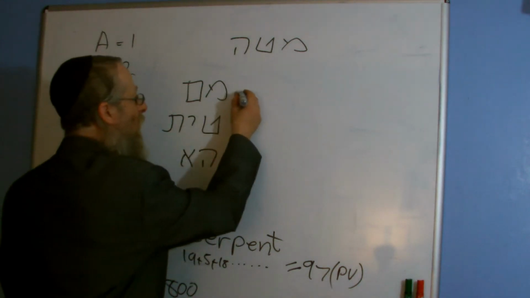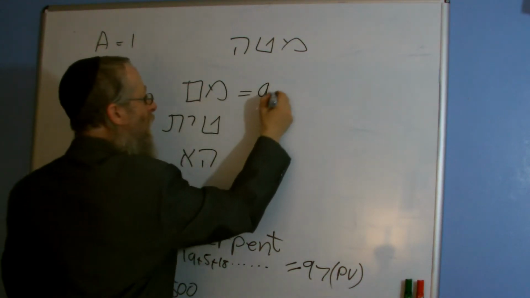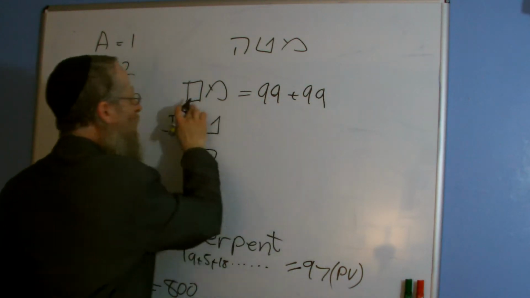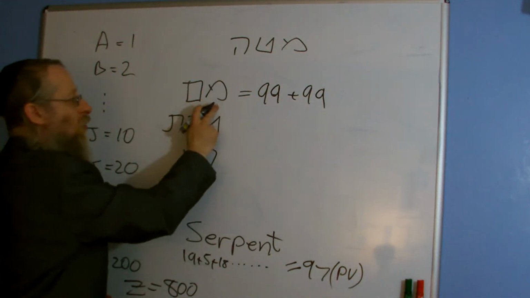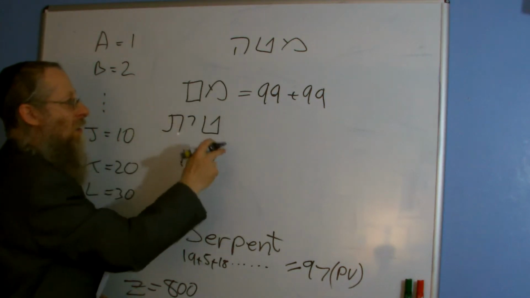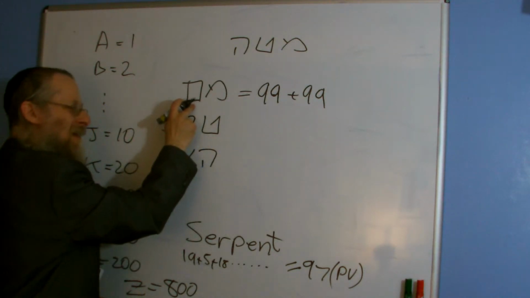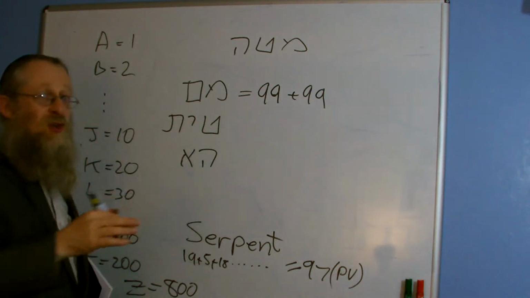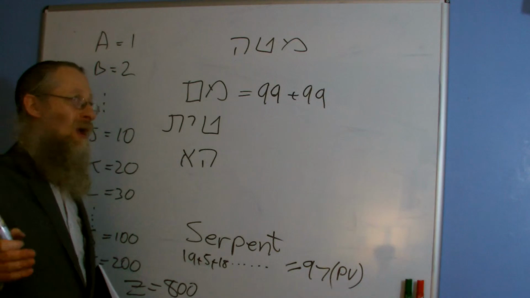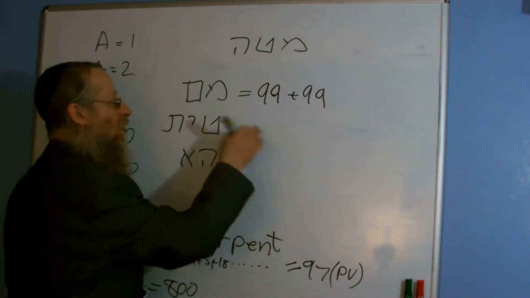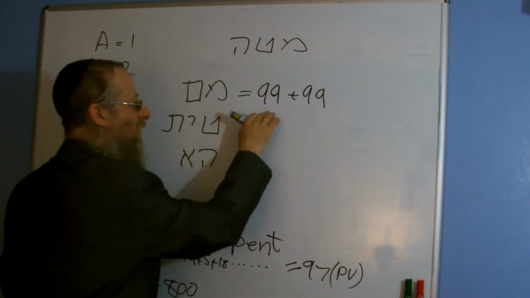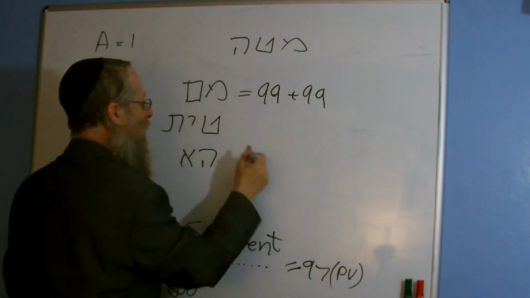So if I was going to work out the large value of mem, I'll have 99 plus 99, because I've got two mems. This is the final mem, this is the normal mem, so mem is 99, and mem is 99. Because mem can take in the value of 24, because you can stick that at the end, it has another option of a large value. But we're just using the straightforward, mem is 13, and 13 is 99 and 99.